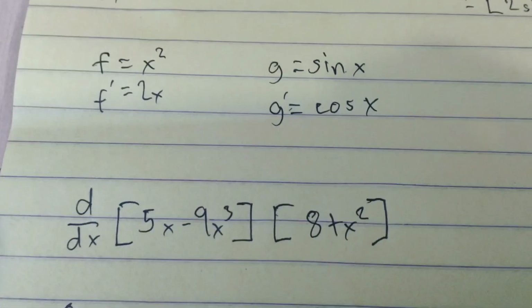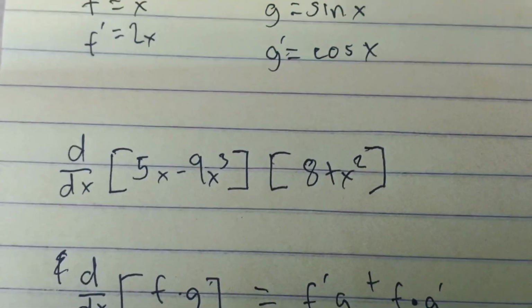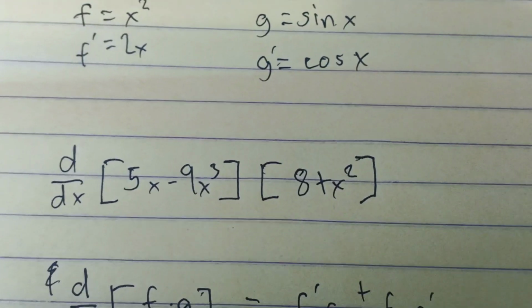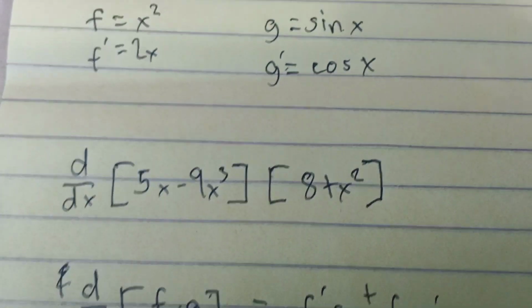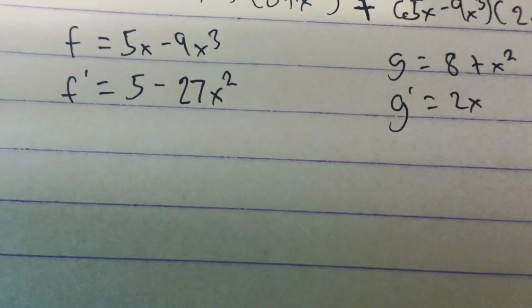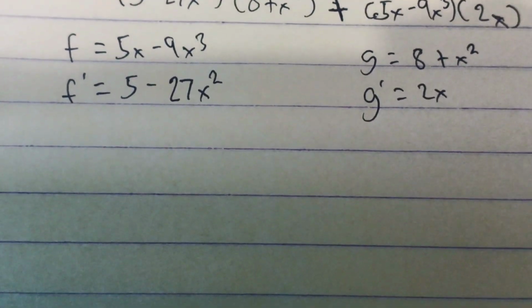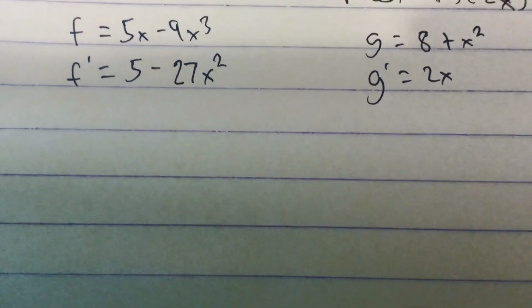Then for our next example, our given is the function 5x minus 9x cubed multiplied by 8 plus x squared. So our f will be 5x minus 9x cubed and our g will be 8 plus x squared.